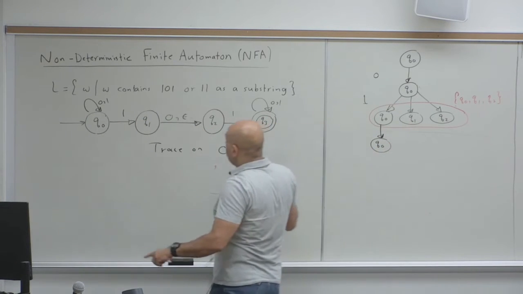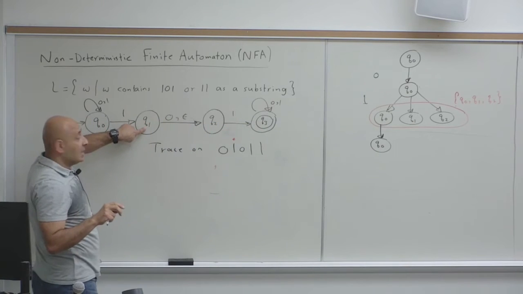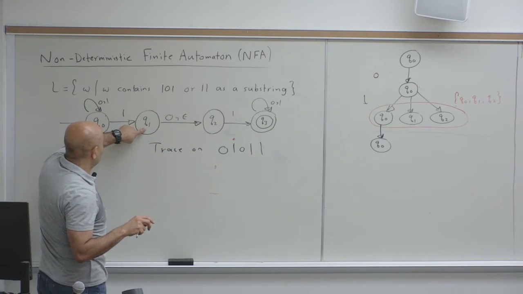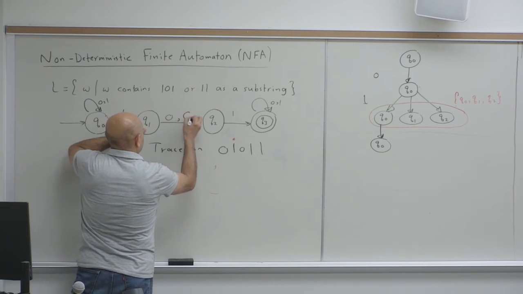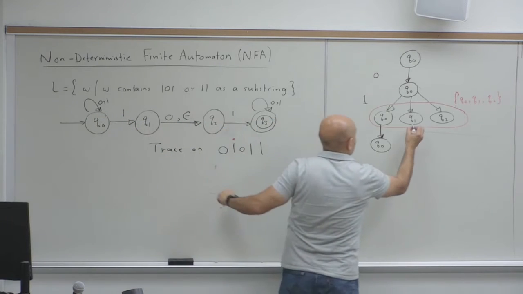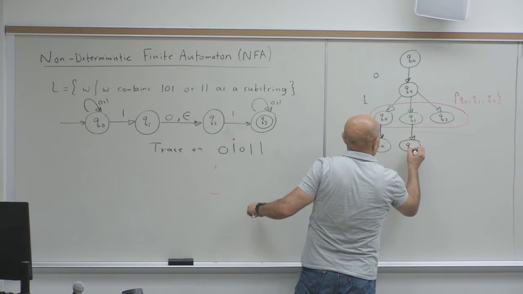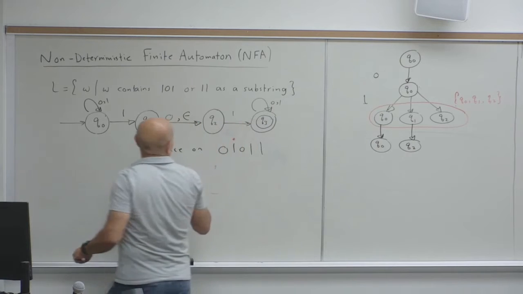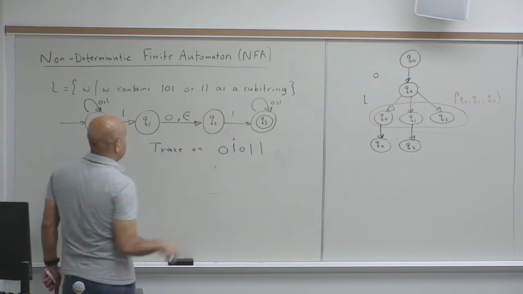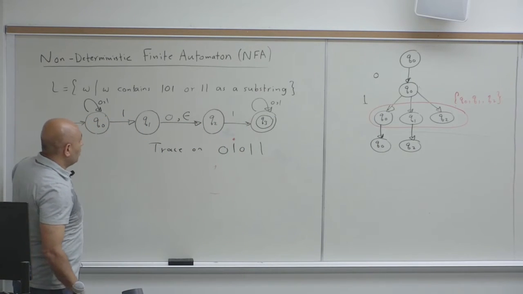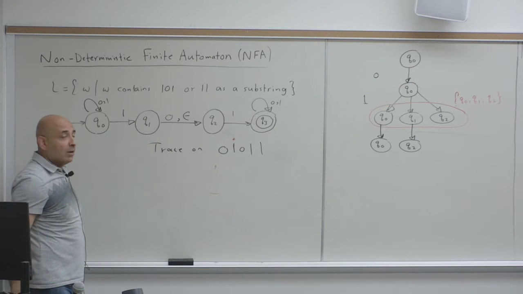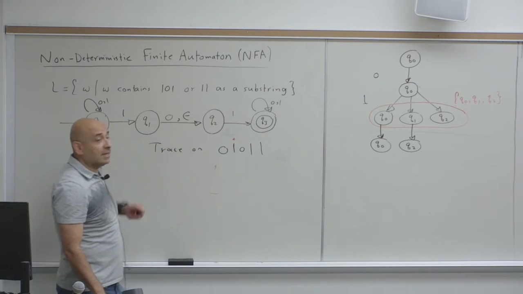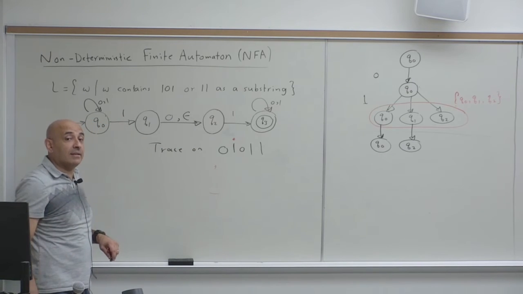If you are in Q1 and you get a 0, where do you go? To Q2, and that's the only option that you have. If you are in Q2 and you get a 0, what does this tell you? Nothing, there is no transition, so you have reached a dead end.